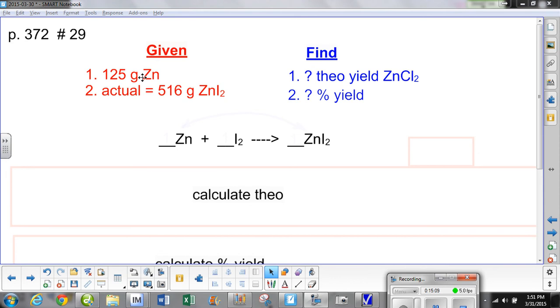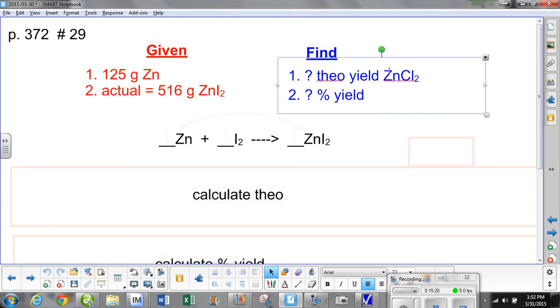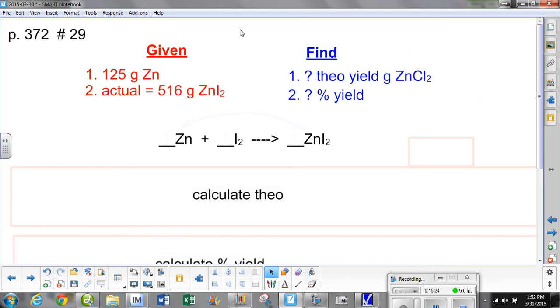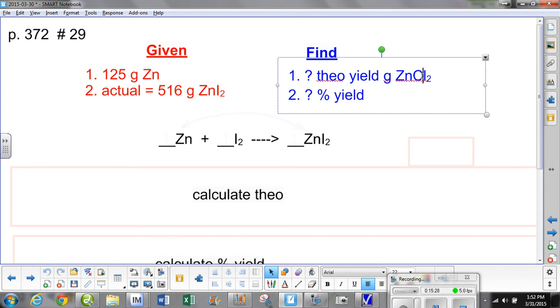If they don't have it as it's written here, or something that comes close to it, go ahead and fix it for them. And again, I'm going to put the grams in here: grams of zinc chloride in this, or zinc iodide. Oh my, I've had this wrong all day.